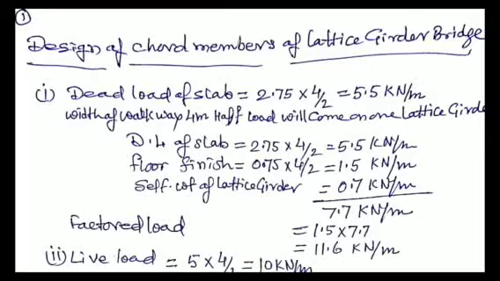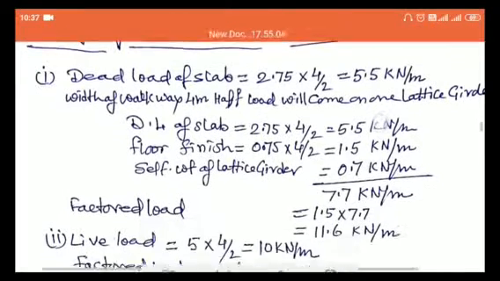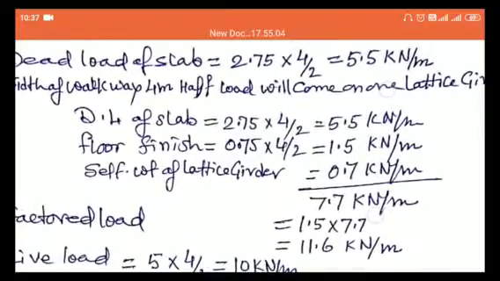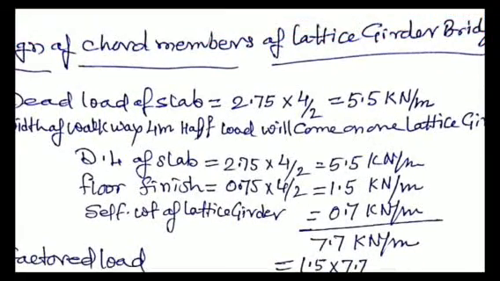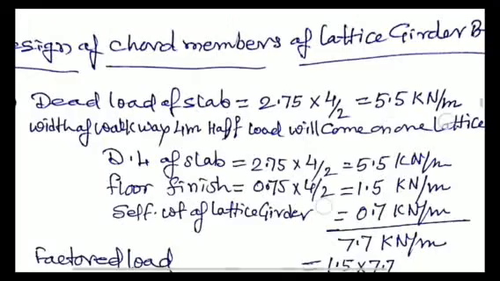So the dead load of the slab transferring towards the lattice girder will be 2.75 multiplied by 4 by 2, because 4 is the total span of the cross girder and half the load will be transferred to one lattice girder. So it is coming 5.5 kilonewton per meter.